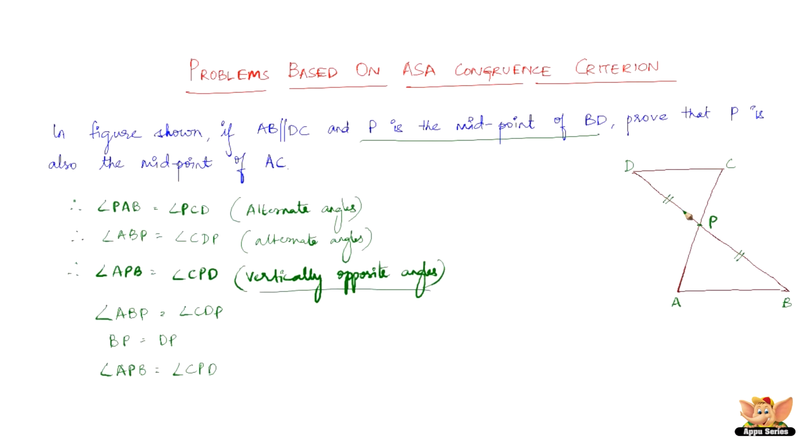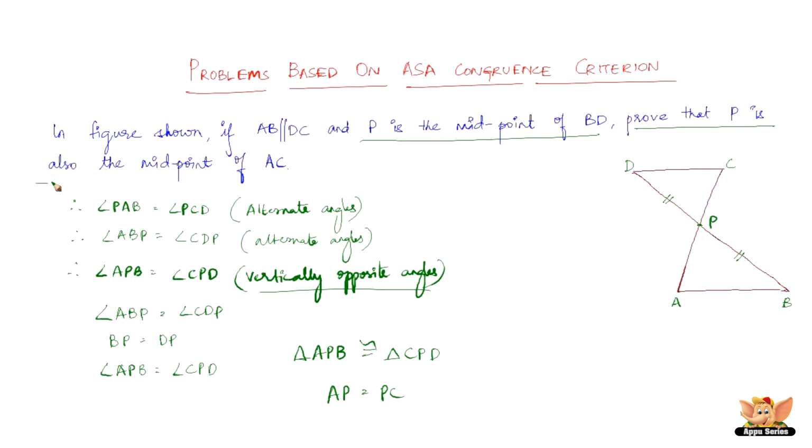So by ASA criterion, we have proved that triangle APB is congruent to triangle CPD, and therefore we have AP equals PC, which is exactly what we had to prove.